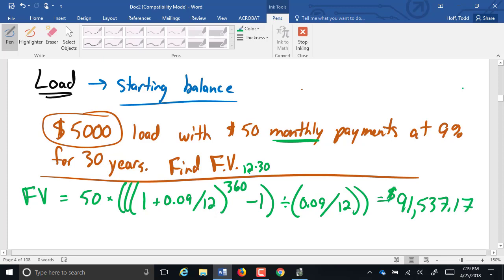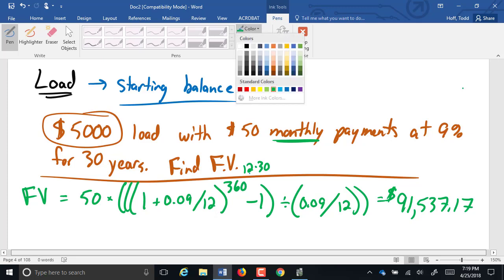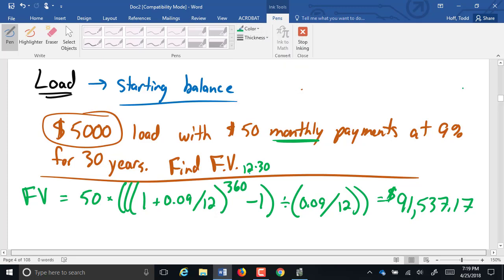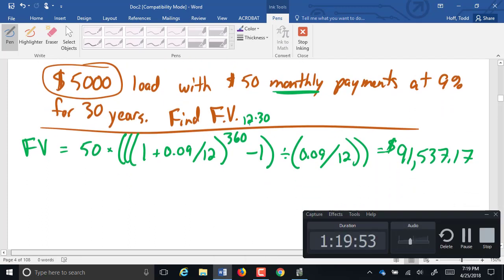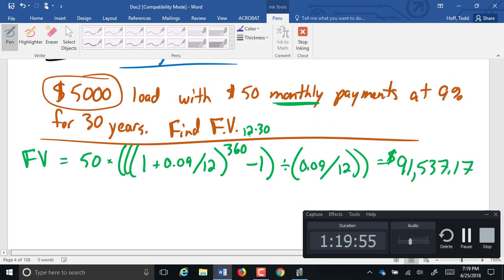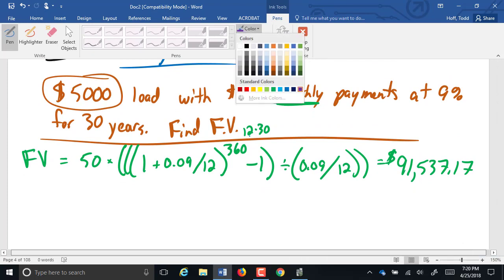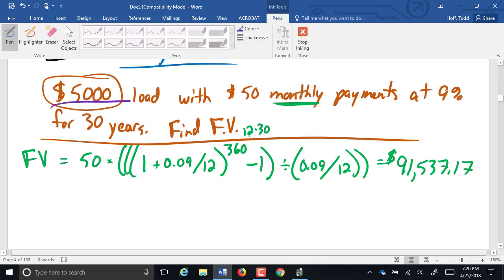Is that what you come up with? Yep. I'll give you guys a second to get there. I'll pause here so you guys have time to punch that in again. 91,537. So, next step then is to handle that $5,000 load. We're still looking at a future value.